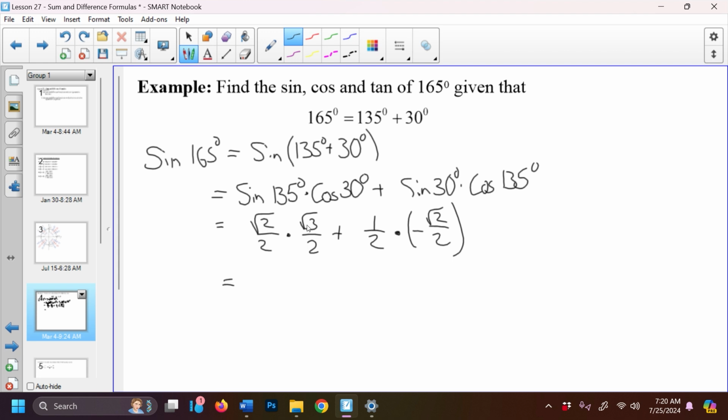Square root of 2 times square root of 3 is square root of 6. 2 times 2 is 4, and this is going to end up being a negative because I have a positive times a negative, so I'll have a minus there. 1 times square root of 2 is square root of 2. 2 times 2 is still 4. And then I can combine that into a final answer of square root of 6 minus square root of 2 all over 4. There's no common factor, so that is my final answer for that particular problem.